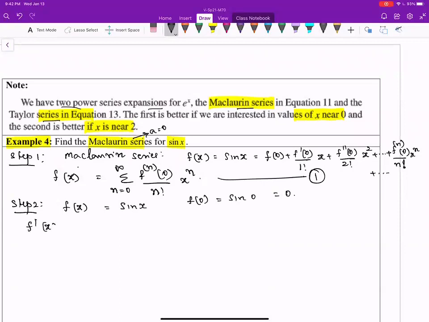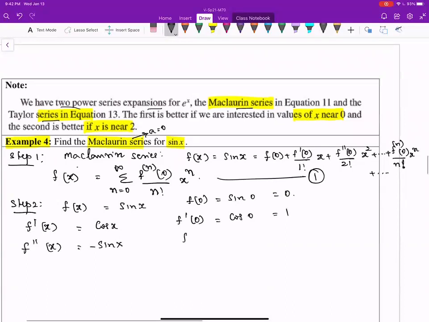What is the first derivative? The derivative of sin x is cosine x, and its value at 0 is cosine 0, which is equal to 1. And the second derivative is negative sin x, so f double prime at 0 is negative sine 0, which is equal to 0.